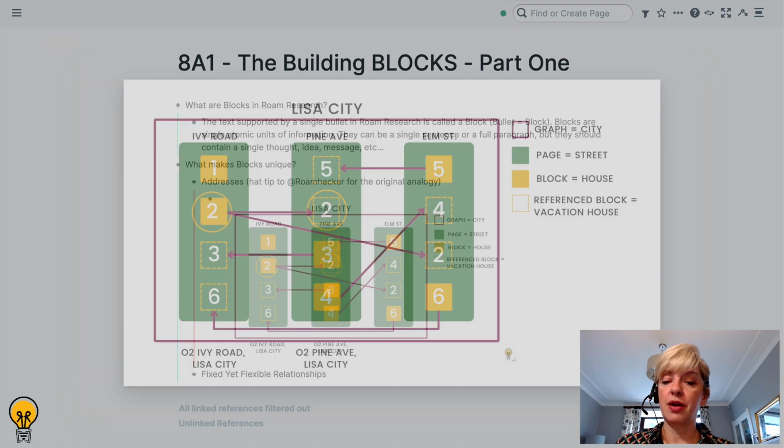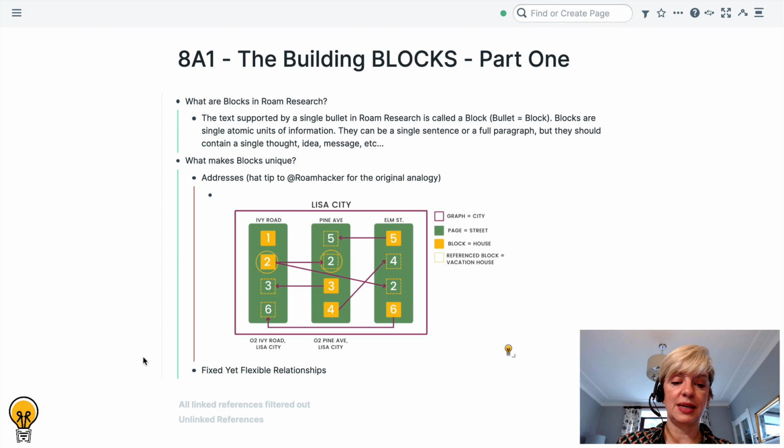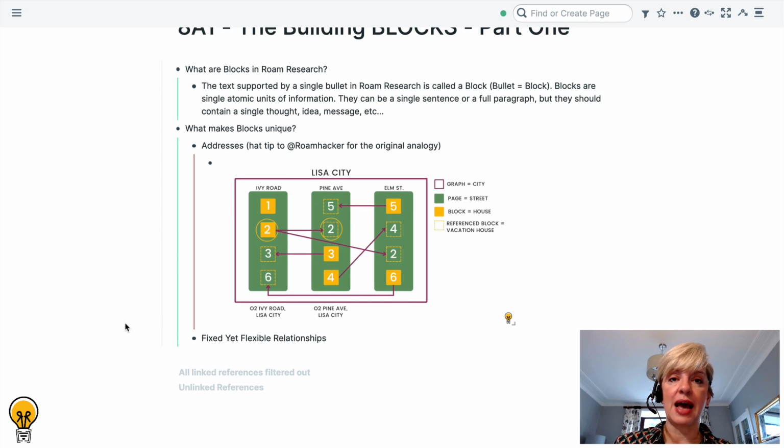So, the other unique thing about blocks is that they have fixed yet flexible relationships. As discussed above, you can put a block anywhere on a graph, on any page, in multiple pages, and you can also relate it to other blocks in several ways, which we're going to talk about in the next video. This makes your blocks into time travelers.